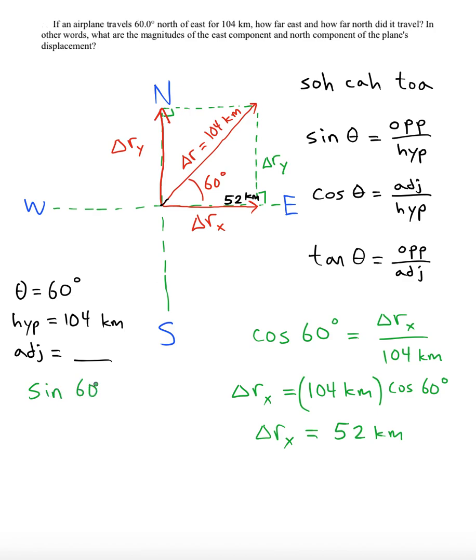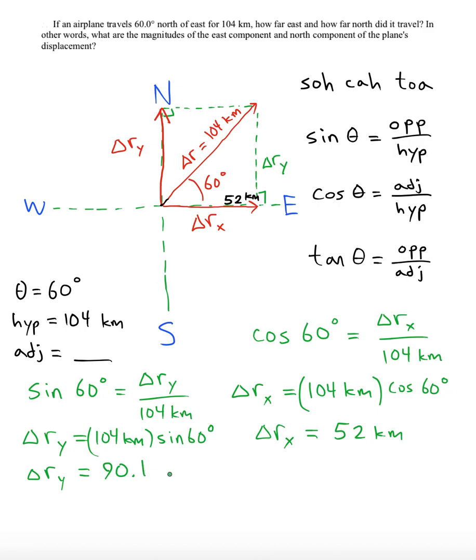So let's do sine 60 equals the opposite, which is delta Ry, over the hypotenuse, 104. We'll multiply to the other side, and we get 90.1 kilometers. Let's write that in now.